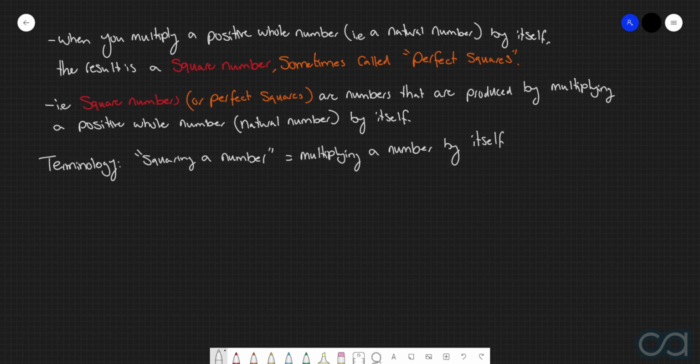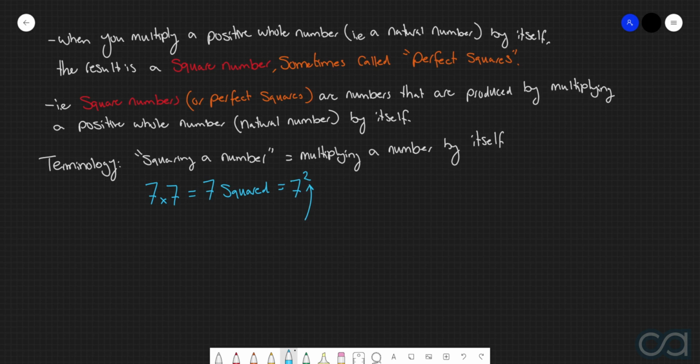So I'm sure you can probably see the connection between the idea of squaring a number and the name a square number. An example of this could be if you get the number 7 and you multiply it by itself, or in other words 7 times 7, we would say that this is equivalent to 7 squared. In order to write this in a more mathematical sense, we write 7 with a little 2 in the top right hand corner.